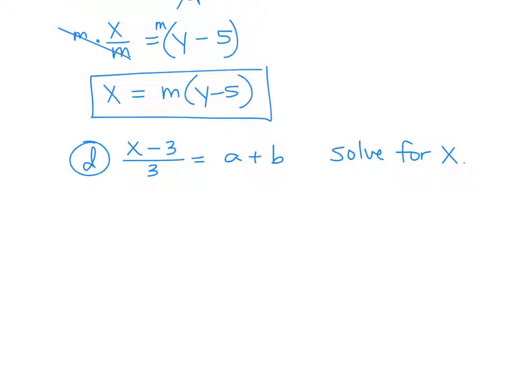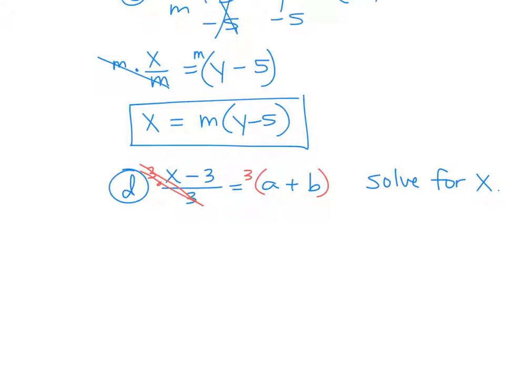All right, we're going to solve this one for x. What do you do? I would say do the 3 first. Multiply by 3. So we're going to get that division bar out of there by multiplying by 3 on this side, and multiplying by 3 on this side. So this is going to reduce to 1.